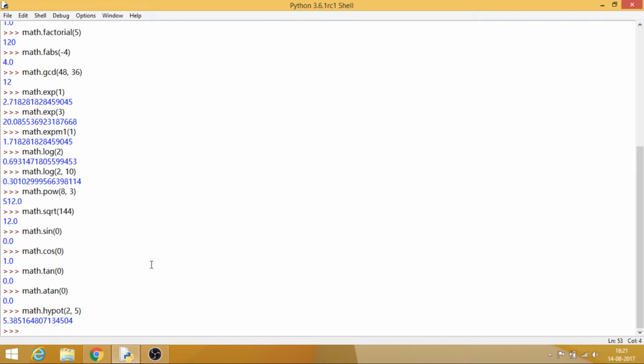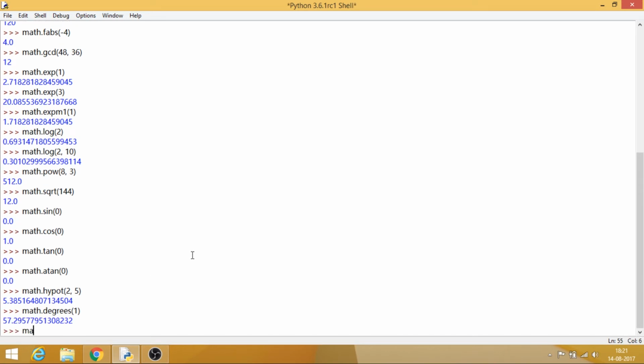Now another method that I would like to tell you about is the angular conversion. This is also one of the methods present in it. It will convert from degrees to radians and radians to degrees. So let's first of all compute degrees, and in this function radians will be converted to degrees. So 1 radian is equivalent to 57 degrees, like 57.29 something.